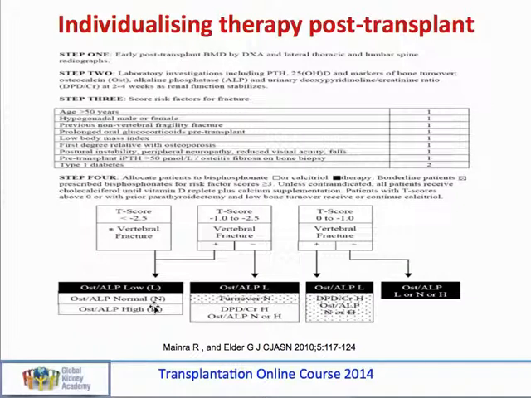Clearly bisphosphonates and denosumab, which is an anti-RANK ligand antibody that's also licensed for treatment of osteoporosis, will reduce bone turnover. So they will inhibit osteoblastic and osteoclastic activity, so you have reduced bone turnover.